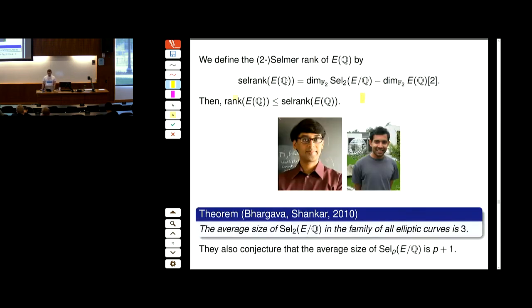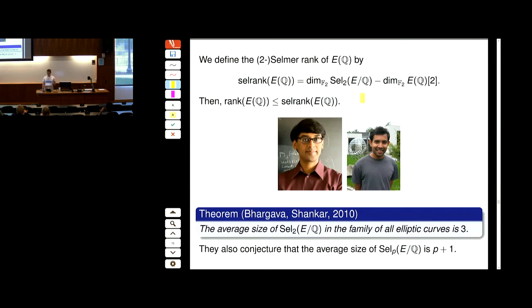Okay. So what do we know about the size of the Selmer group? This was actually what Bhargava and Shankar used for that inequality that I said before. It came out of this work where they proved that the average size of the 2-Selmer group in the family of all the elliptic curves over Q is 3. They also proved that the average size of the 3-Selmer group in the family of elliptic curves is 4.